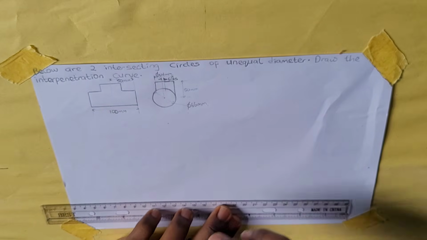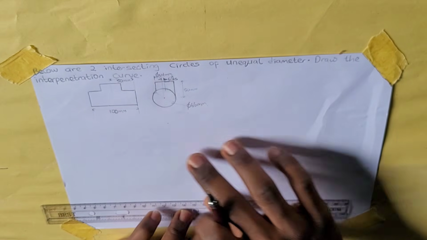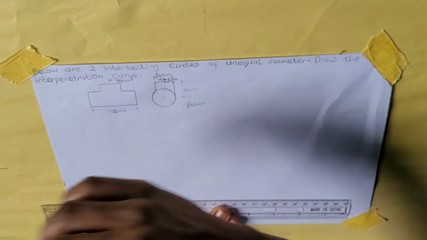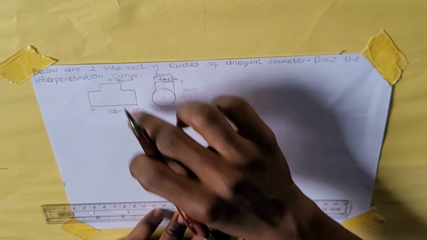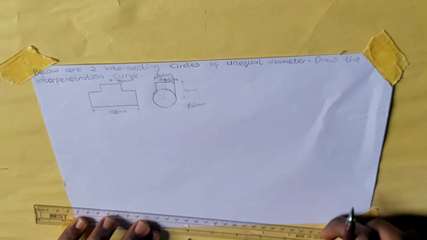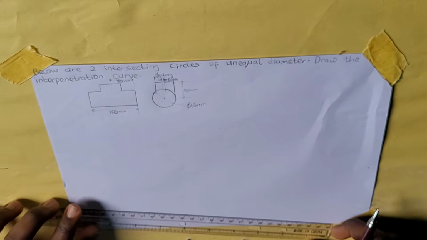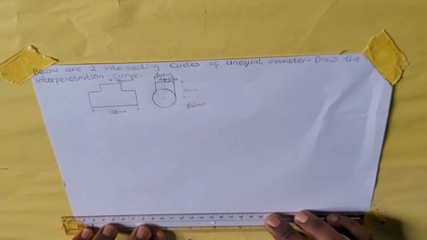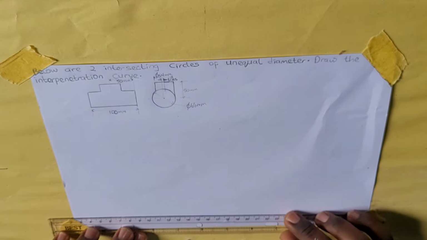The first thing I'm going to do is draw these two on my drawing paper. Let me start with this one first. The length of the rectangle is 100 millimeters. So let me draw a line.